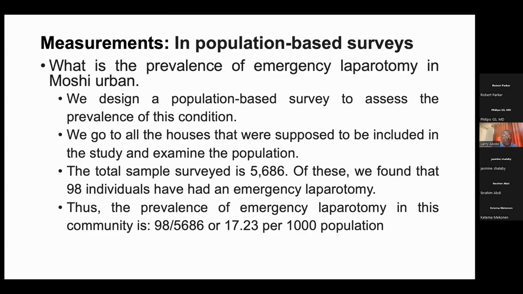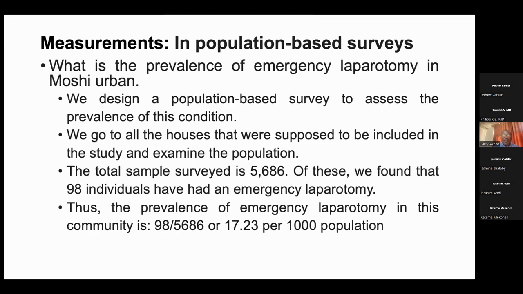People respond whether they have had an emergency laparotomy or not. So the total population surveyed, for instance, let's say is 5,686, and we find that 98 individuals have had an emergency laparotomy.